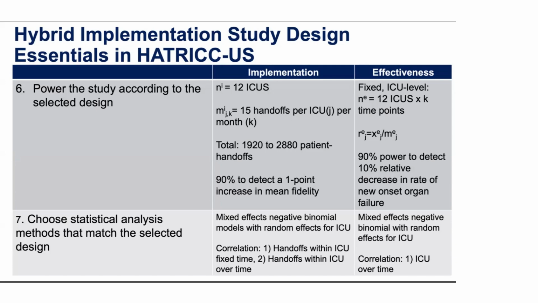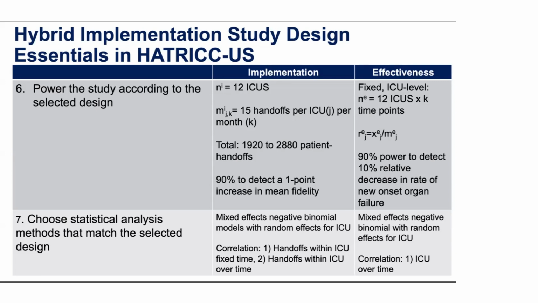So there is some extent of repeated measures across both objectives, but the nesting at a fixed time within a higher level is unique to the implementation objective. And for both objectives, we have an outcome that is counted as the number of new onset organ failures or the number of completed handoff elements for implementation.